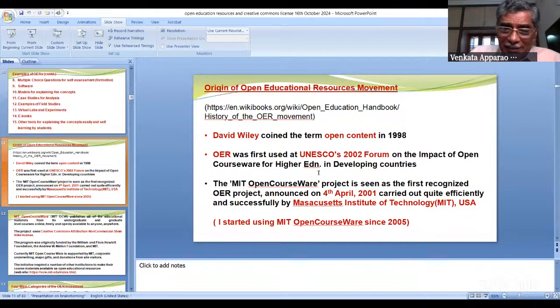Then the MIT Open Courseware project, right? MIT Open Courseware project is seen as the first. MIT stands for Massachusetts Institute of Technology in USA.